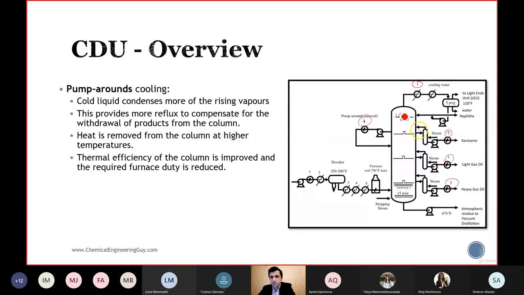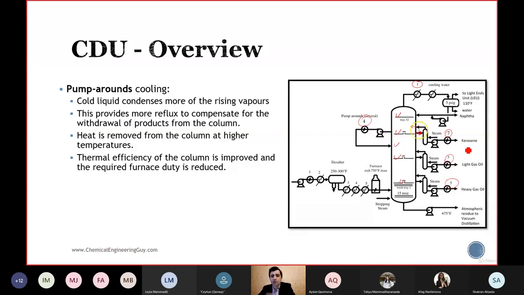As you can see, we take the product here, the kerosene product. This is the side stripper, 1, 2, 3, and then some of the kerosene is sent back to the column. This helps to control the temperature here.